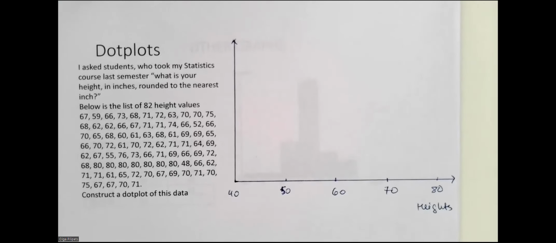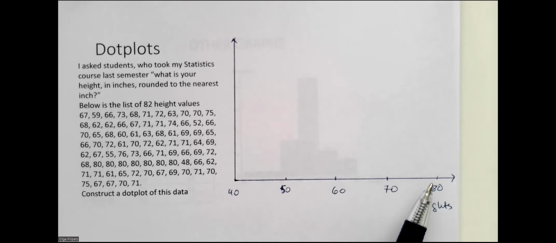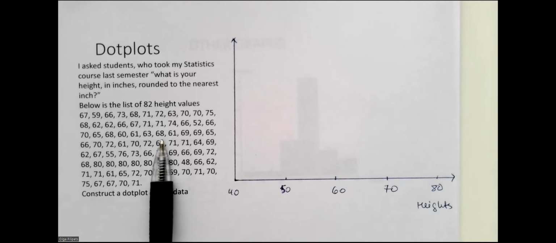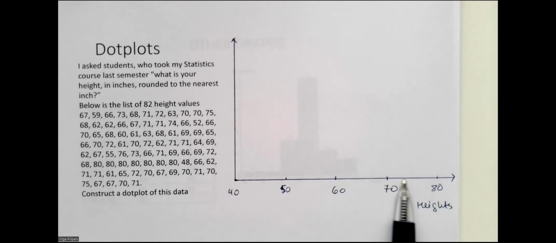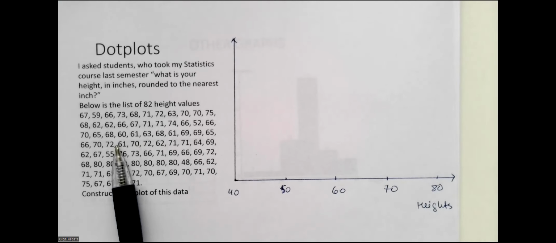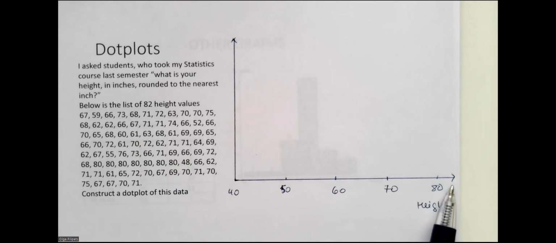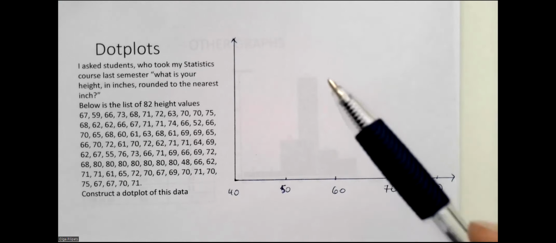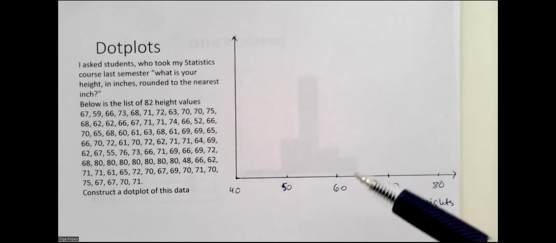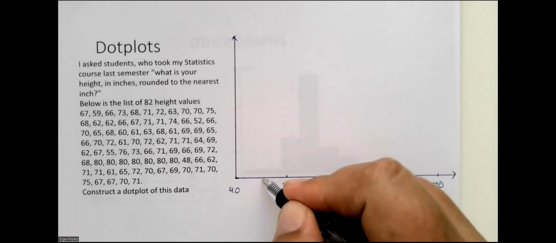First, I'm going to draw an x-axis and make sure that all of my heights fit into my scale. My lowest value was 48 and my highest value is 80, so I'm making sure I have room for all of these values. Then I'm going to start putting dots above every value that I have.